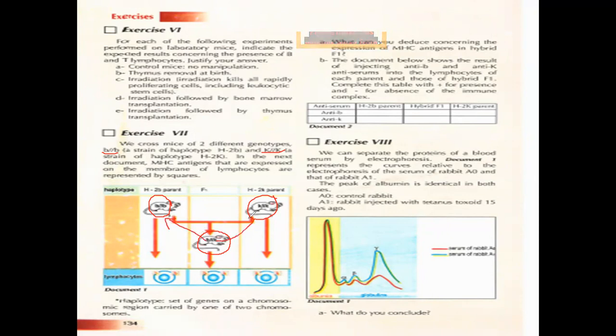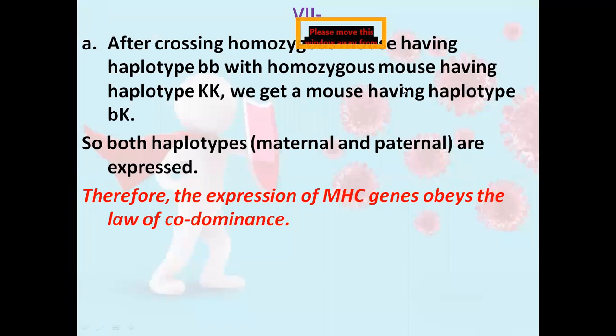So here the expression of the MHC obeys the law of codominance, where both of them, the maternal and the paternal, are expressed. This is the idea I want you to know here. So after crossing a homozygous mouse having haplotype BB with another homozygous mouse having haplotype KK, what came out?